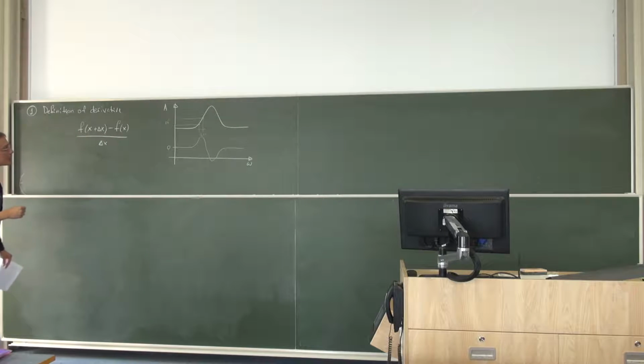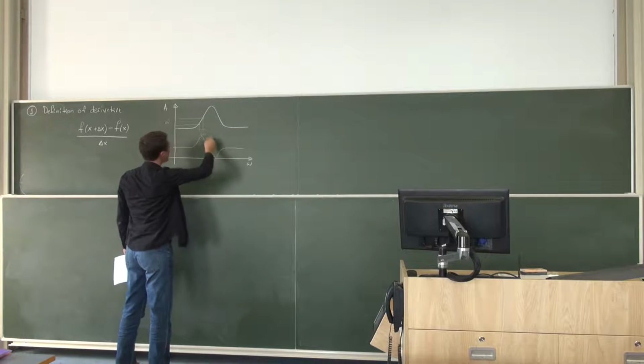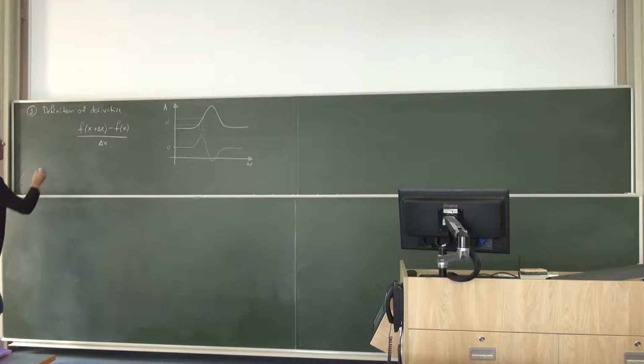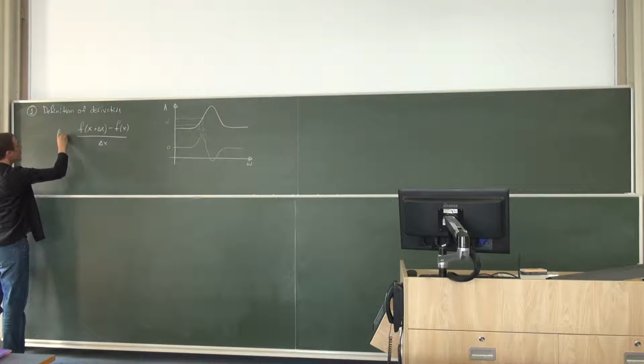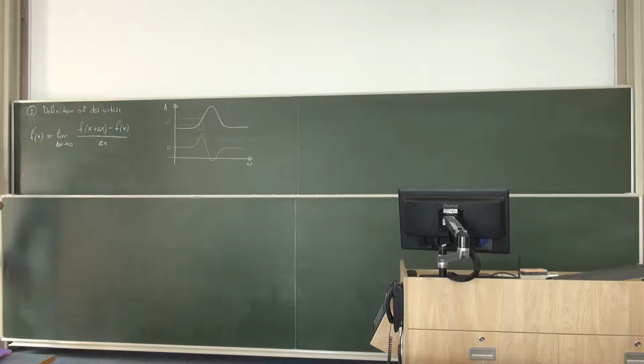And of course, we'd like this measure to be strictly local. That is, because the function keeps changing all over the place, we'd ideally want these points to be as close together as possible, and so we put a limit in here. Limit of delta x going to zero. And that is the exact rigorous modern definition of a derivative.